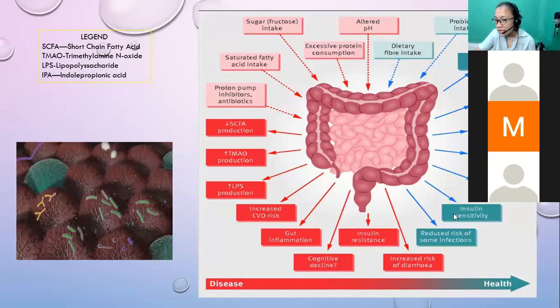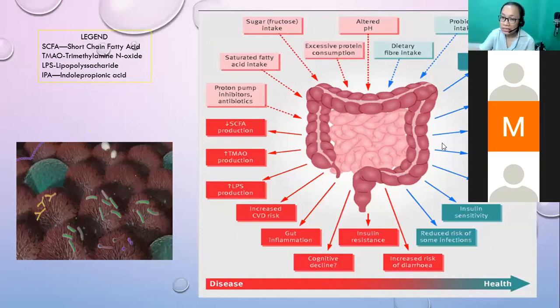There will be insulin sensitivity, meaning hindi nasisayang yung insulin na pinoproduce ni pancreas at nagiging susi ito ng cells para pasukin si sugar, and we will have a reduced risk of some infections. So ito lang po, panalo na po tayo kasi magsa-start na po tayong mag-maintain ng ating optimum wellness.